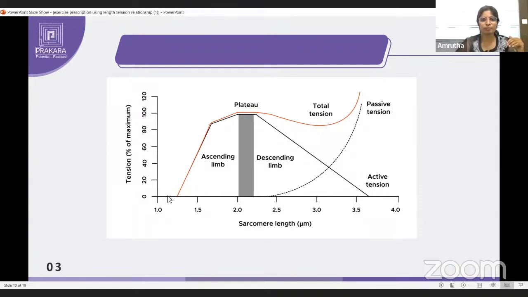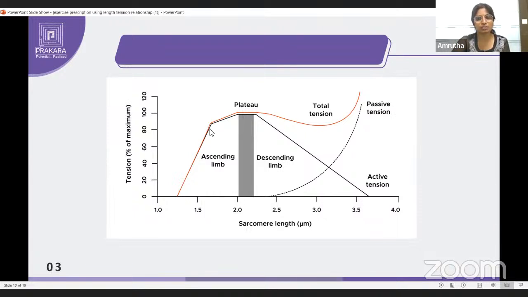Again, tension starts at 0. From 0, it is peaking up to 100. You can see the graph here is not straight. It is not a linear line. It is a slanting line. Whenever there is a slanting line, it means the tension is increasing slowly.